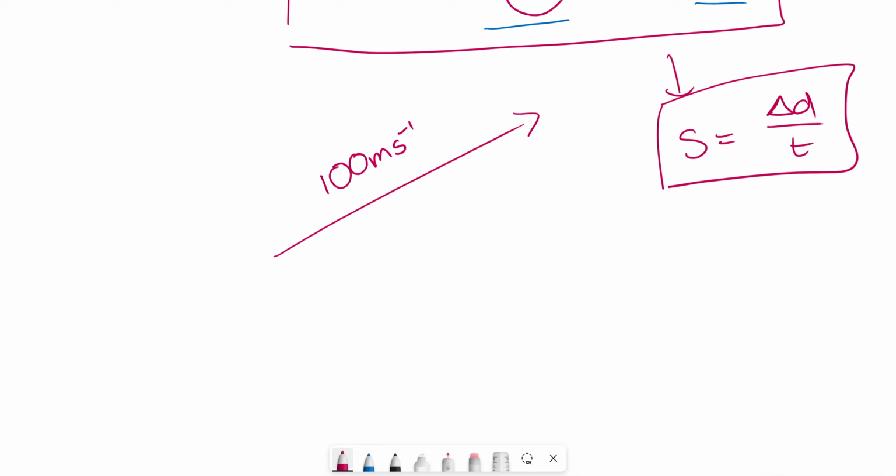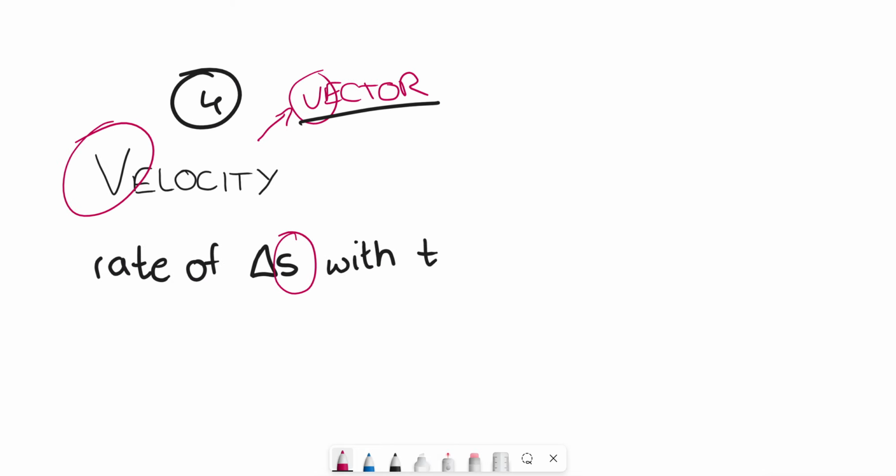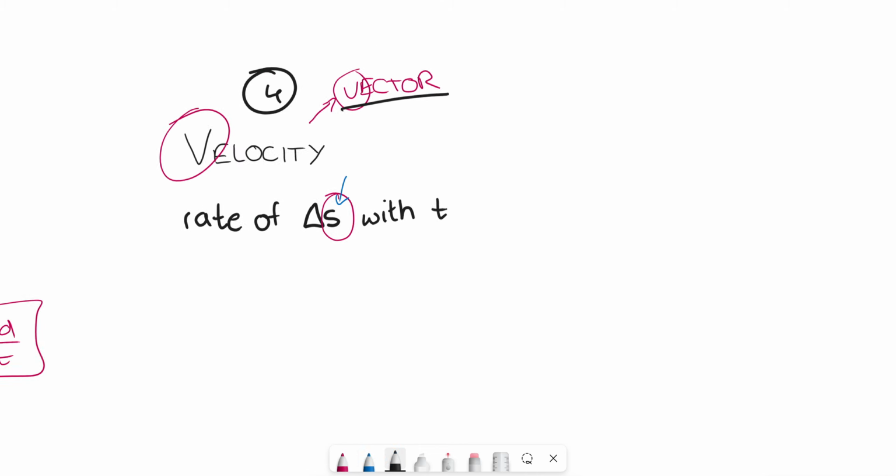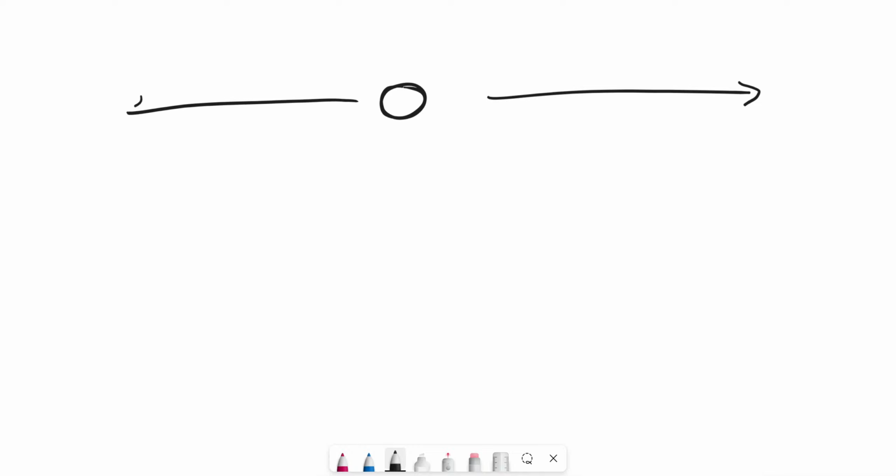100 meters per second. However, for velocity, it's a little bit different. Since it's the rate of change of displacement, this s, we do need to write the direction. So say again, let's talk about what I was using before. Say I have a ball. It can move to the right, it can move to the left. Let's call the left the negative direction, and the right the positive direction.